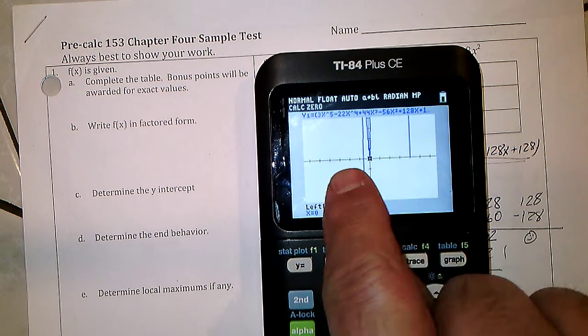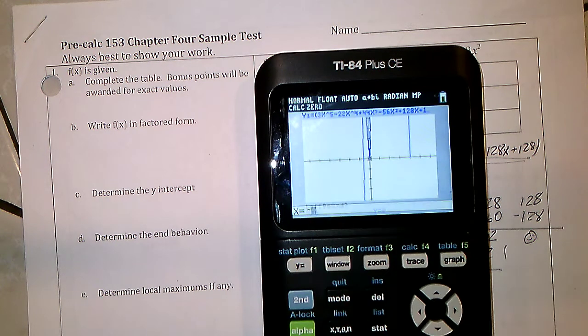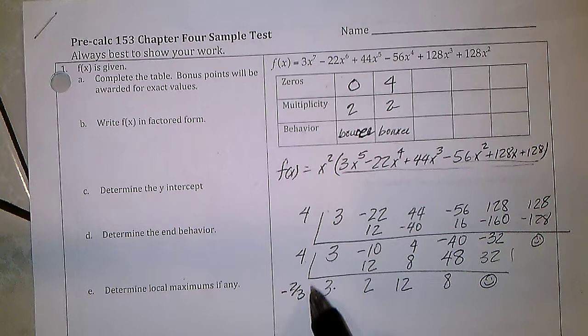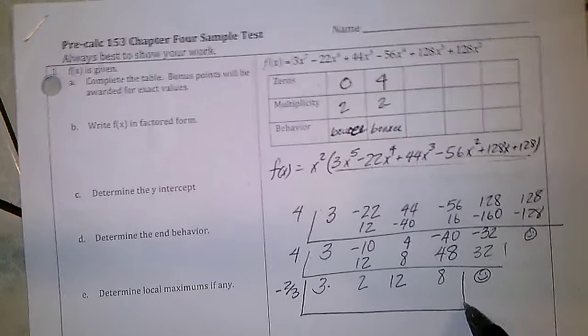Now this is tricky. I have to go from left to right. Between -1 and 0, enter, and I'm looking at about -0.5. And it says, oh, -0.66666. That's -2/3. So I'm going to try -2/3 and see if that actually is a 0.